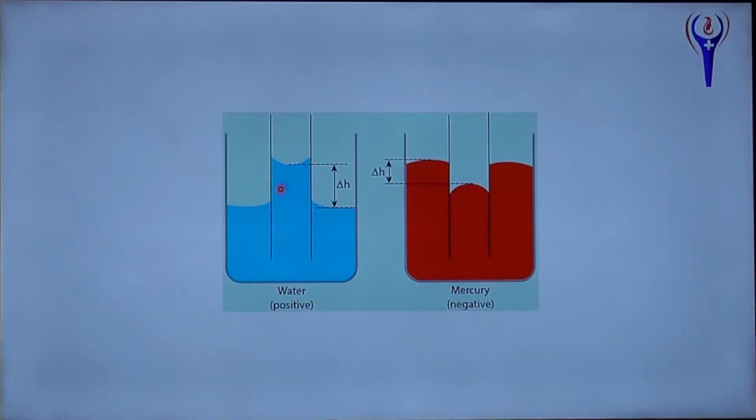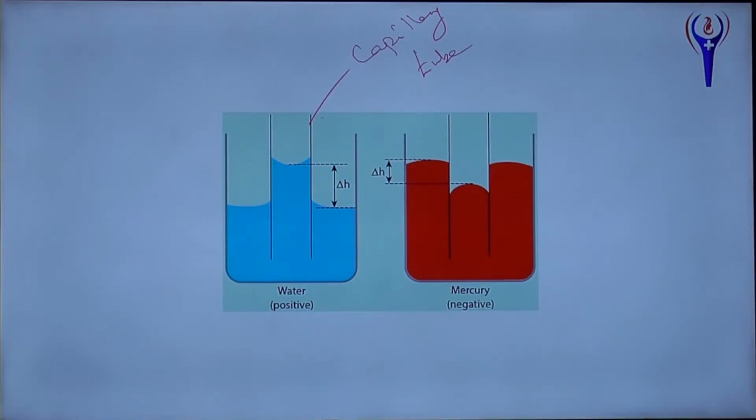See, this one is a convex and this is a concave meniscus. What is this? Actually, this is a capillary tube. If you dip a capillary tube inside a beaker containing water, what will happen? It's like this. And the same capillary tube, if you insert it inside mercury, it will be like this.